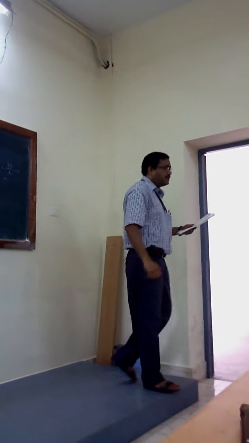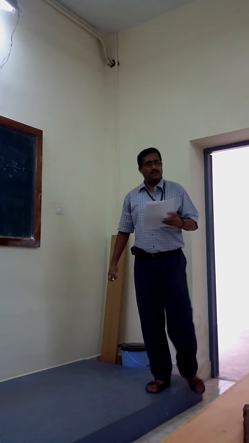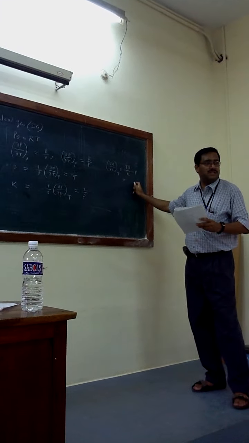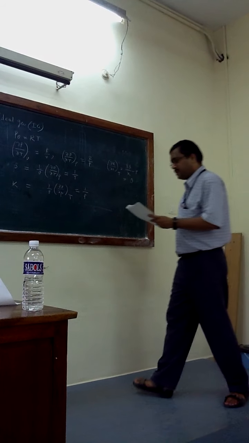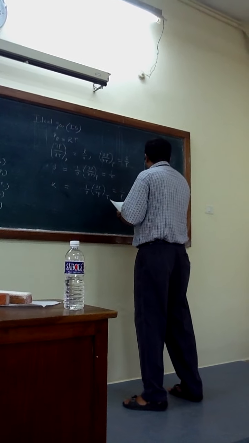Beta is 1 by T, kappa is 1 by P, minus P. So how much is it coming? It is very simple. 0. You are right.